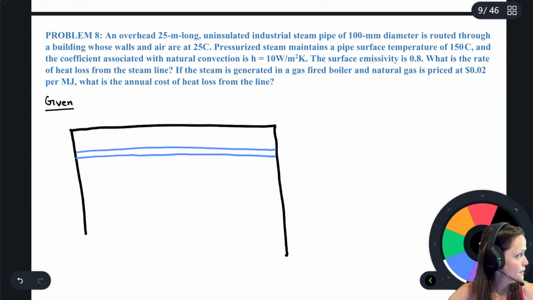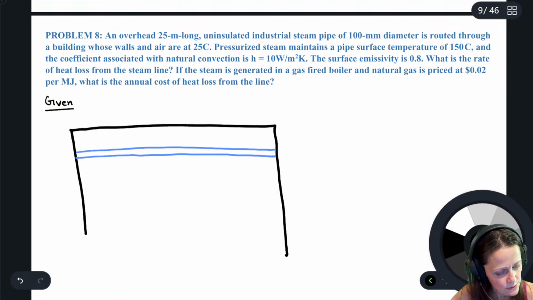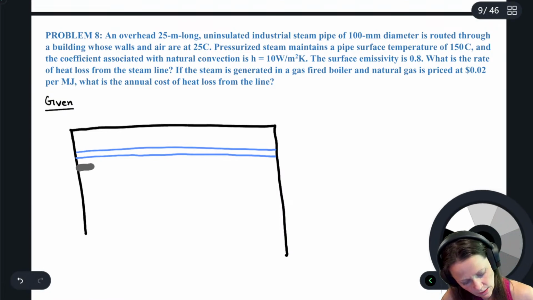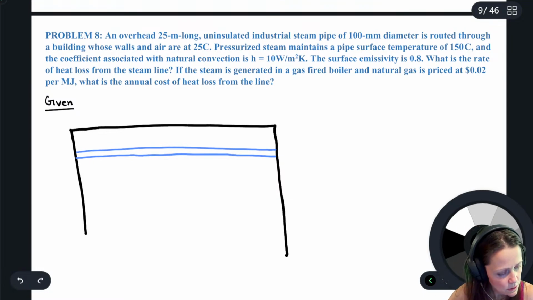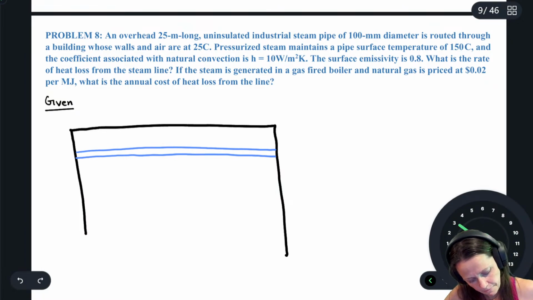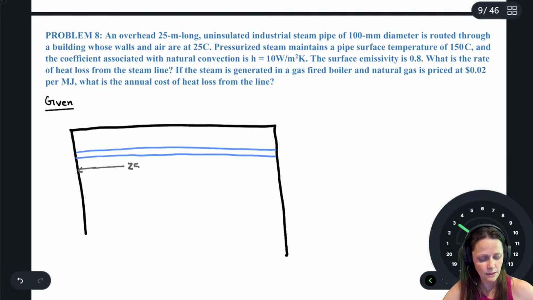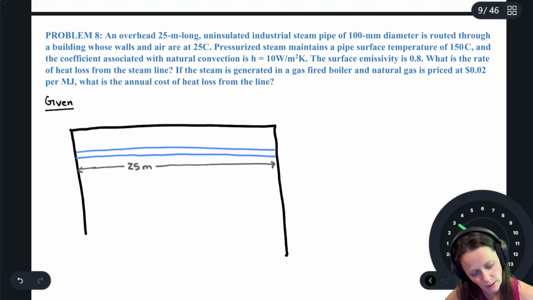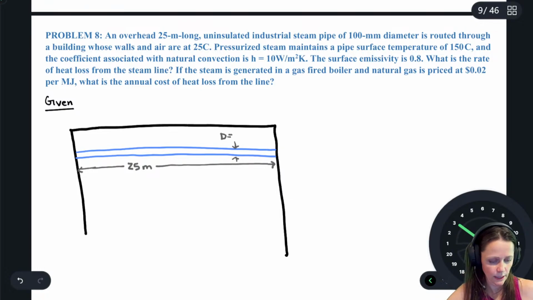And let's see. So they tell us the length of this guy. Right. So the length of this guy is 25 meters. They tell us the diameter. Good. So our diameter is 100 millimeters or 0.1 meters.